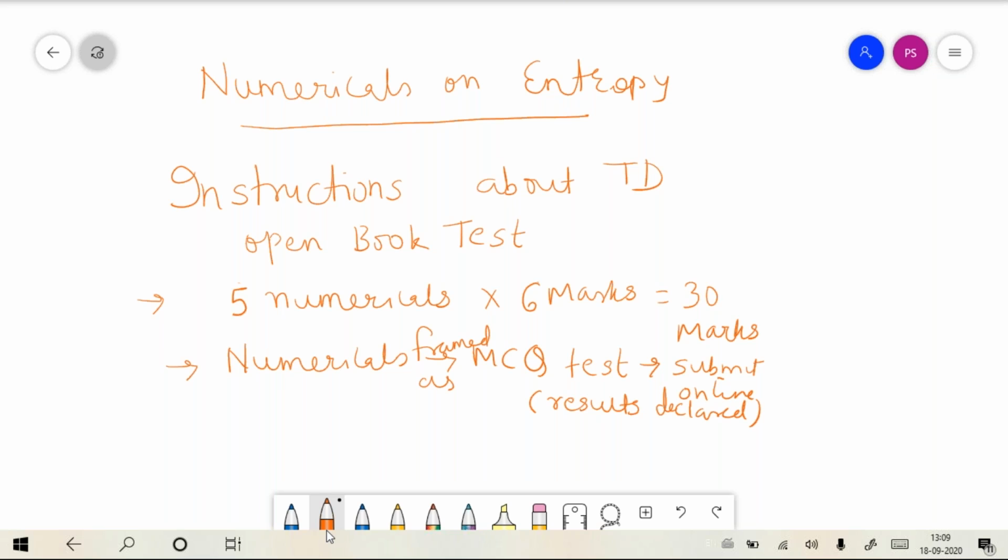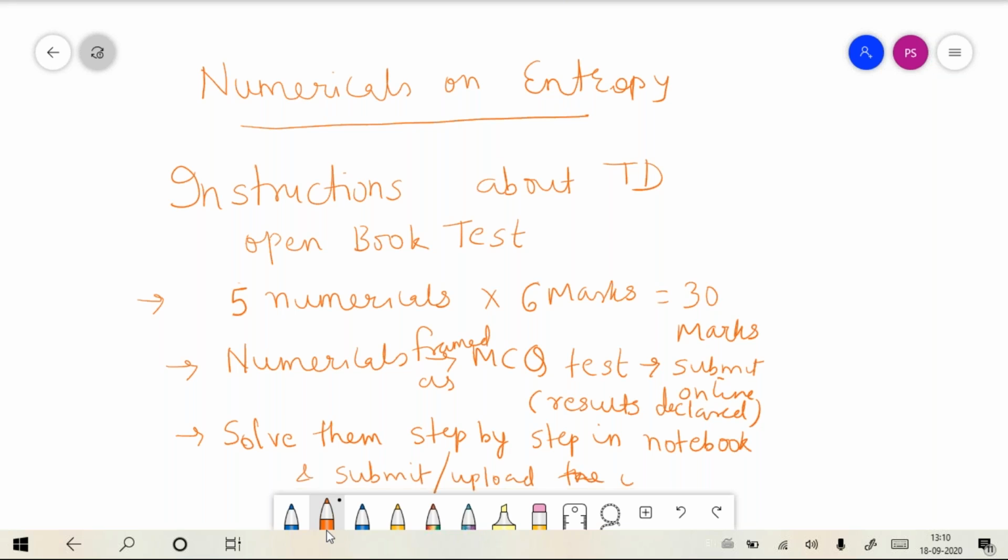But more important than this is that you need to actually solve these numericals step by step in notebooks, and submit photos, that is, upload the photos on Google Classroom, just as you had uploaded your assignments.